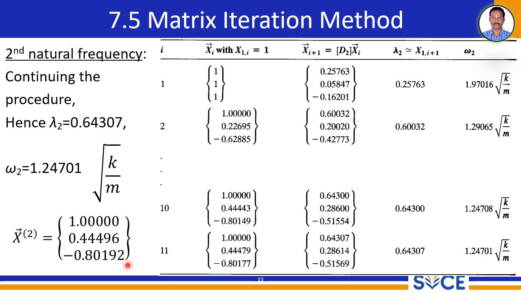I am concluding this slide: by using the deflation technique and then applying the matrix iteration method again, we successfully found the natural frequency and its corresponding mode shape values.